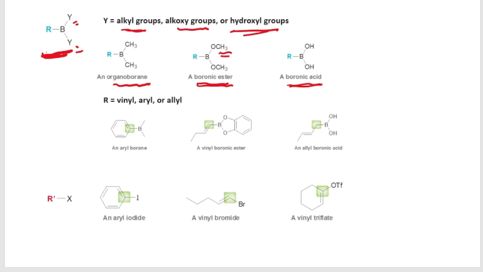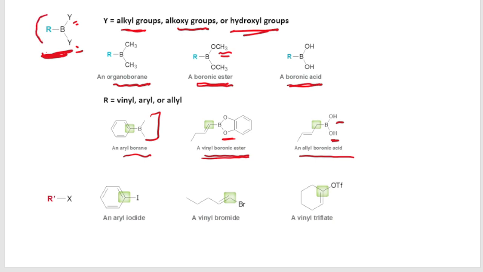So this is a 2-methyl group, you will call it aryl borane. And here it is an ester group, so you will call it vinyl boronic ester. And here there is a 2-hydroxy group, you will call it allyl boronic acid.